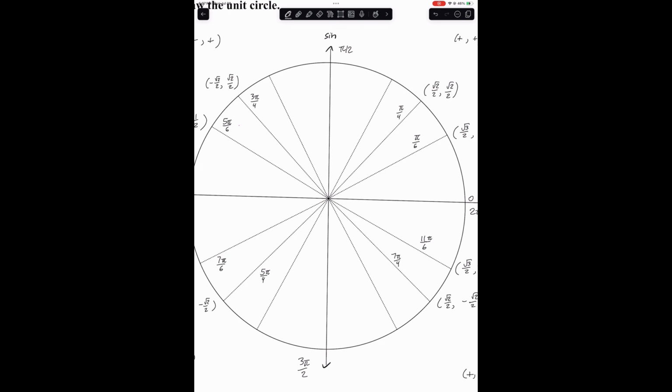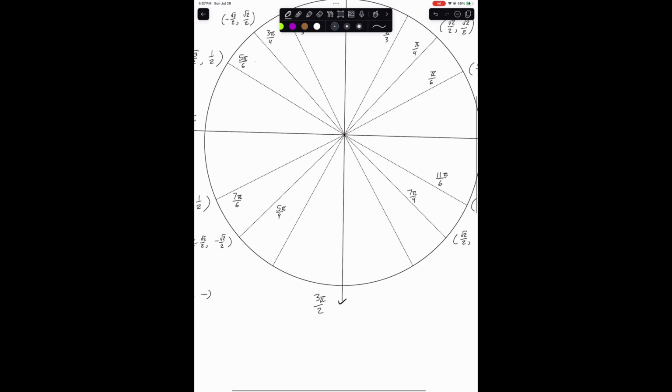So this is pi over 3. Okay, this is pi over 3. This is 2 pi over 3. Yes, 2 pi over 3. I haven't done this in a while. 4 pi over 3. That's a terrible pi. Pi over 3. And then this should be 5 pi over 3.